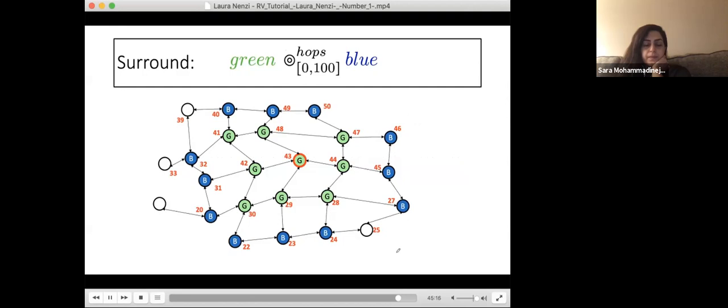So let's see also this one with an example that can help to clarify the operator. We consider the property green surround blue at the distance between 0 and 100, considering the hop function.